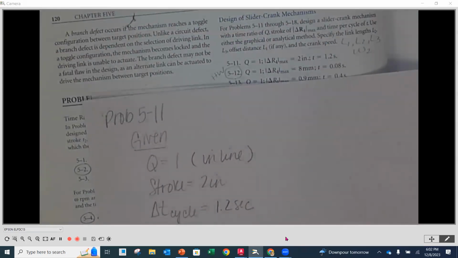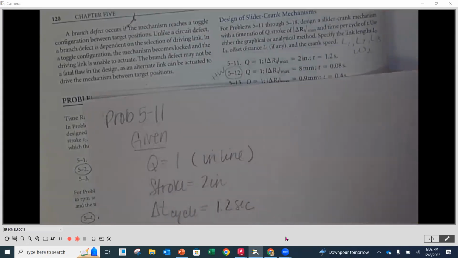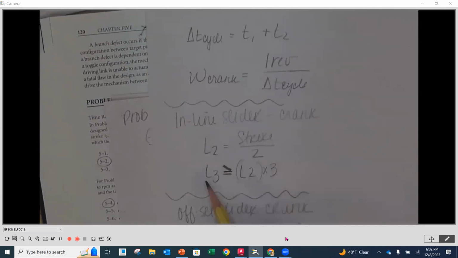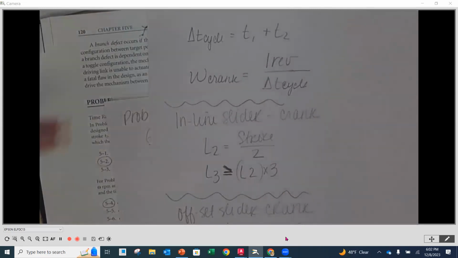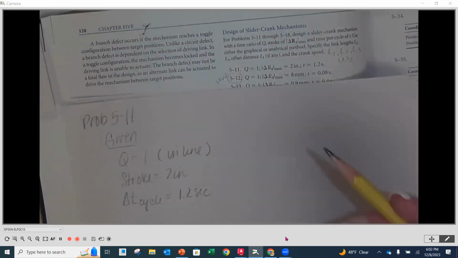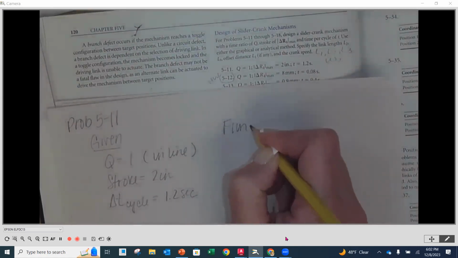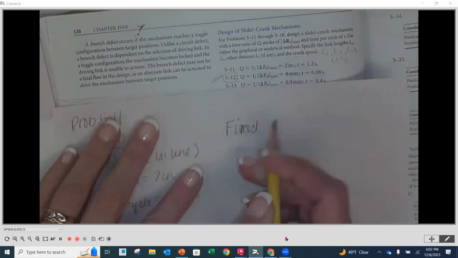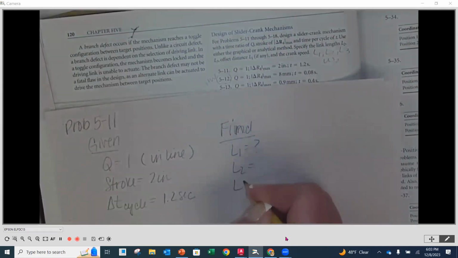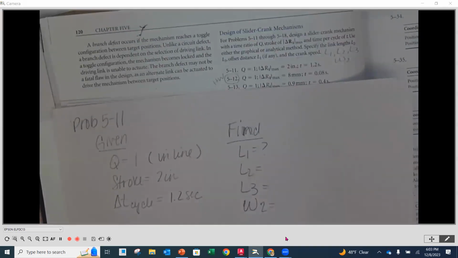Now, since we know that this is going to be an inline, that means on our equation sheet, we're going to be looking at these 2 equations here to help us determine what our lengths of 2 and 3 are. And then we're given the stroke. Now, we need to find L1, L2, L3, and W, we'll call it W2 for the crank, right?